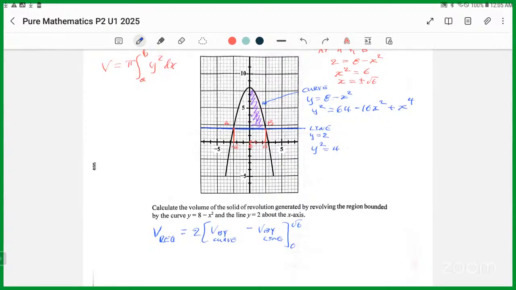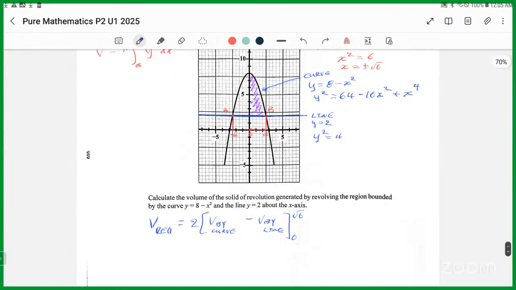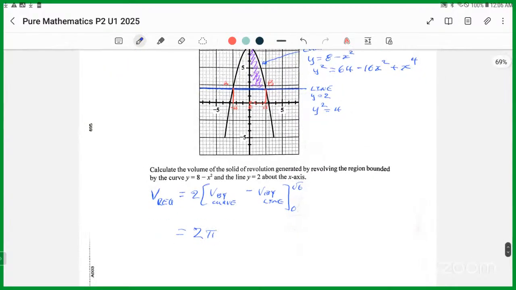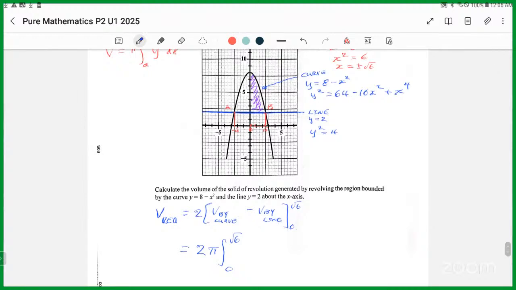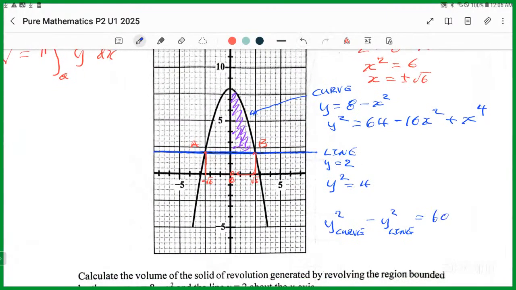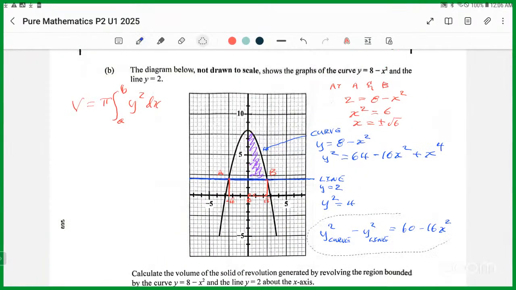So it's 2 times pi times the integral between 0 and root 6 of y squared for the curve minus y squared for the line, which becomes 64 minus 4, which is 60, minus 16x squared plus x to the 4th.